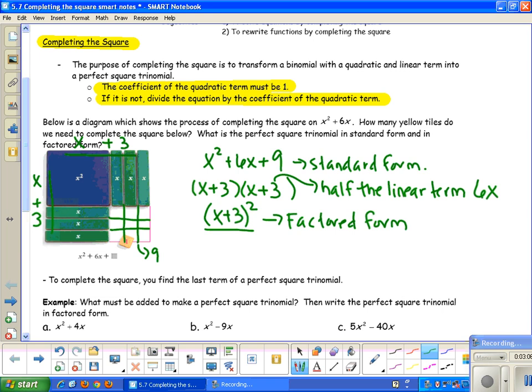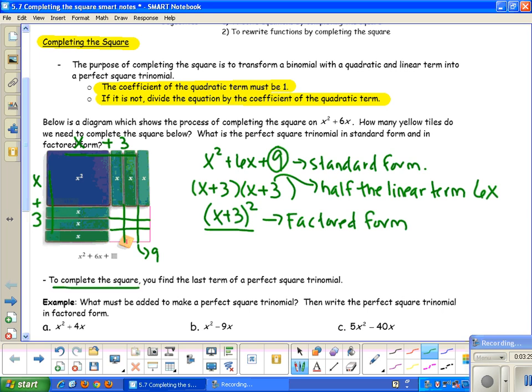And also if you square 3, you get 9, and that makes sense because if you were to FOIL out this factored form, you should get the perfect square trinomial on top. So 3 squared would be 9. It's half the linear term, and then the last number is half your linear term squared, to get this 9 in order to complete this square.